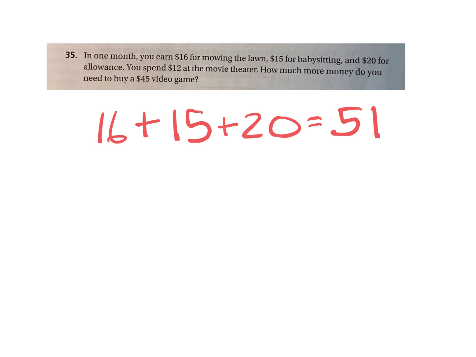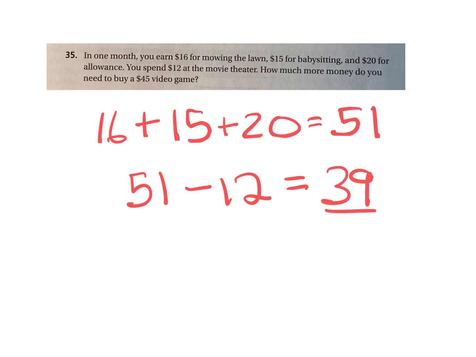That would be 51. Now it says you spend, so I have 51, I spend $12 at the movie theater, and let's see what I have now. If I take 12 away from 51, that's 39. So I have $39.